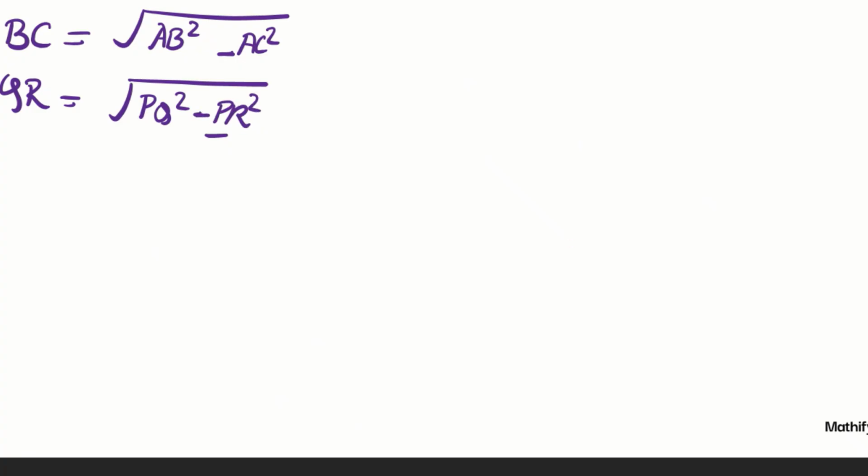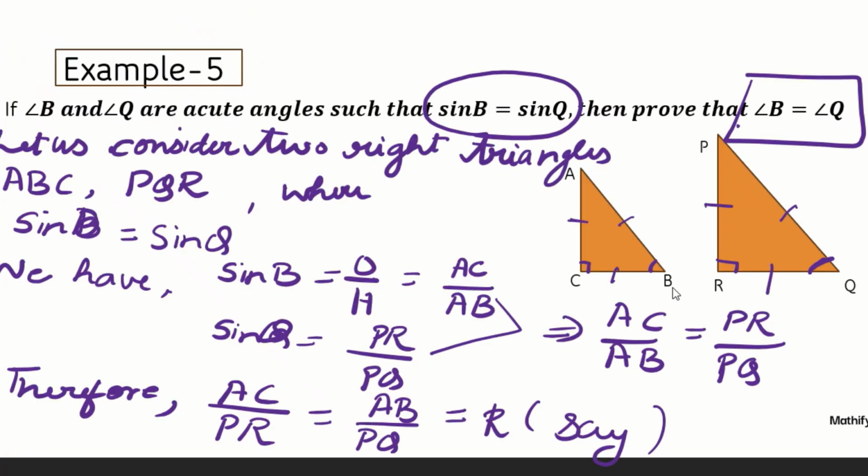So basically what we are doing is we just use the ratios. Here you can see it is given that sin B is equals to sin Q. So we got that AC over PR is equals to AB over PQ. So we can show that these two triangles are similar.